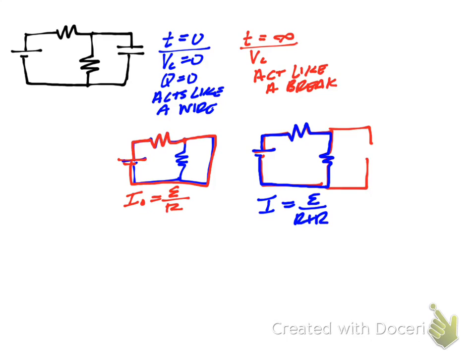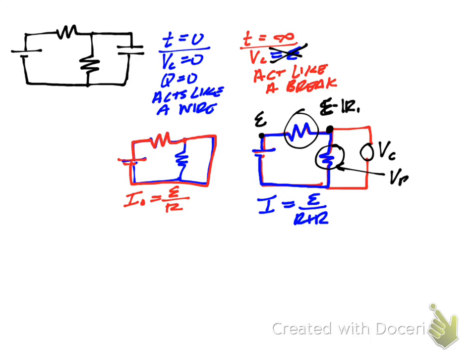Now, we're tempted to say that afterwards the voltage on the capacitor is equal to the EMF of the battery. Well, that's not true. Because of this first resistor, we have the EMF of the battery, then we have the EMF of the battery minus IR1. We have lost some voltage here. So the voltage across the capacitor here is actually going to be equal to the voltage across that second resistor.